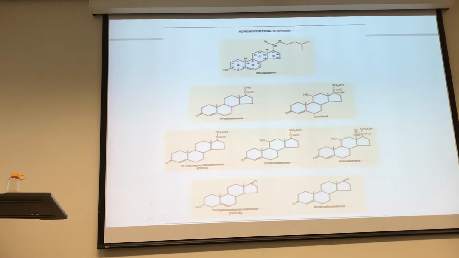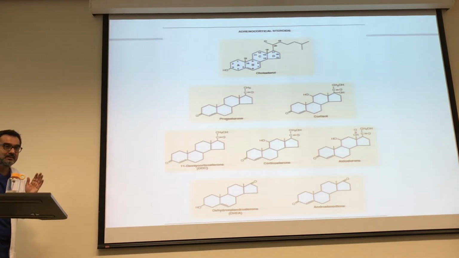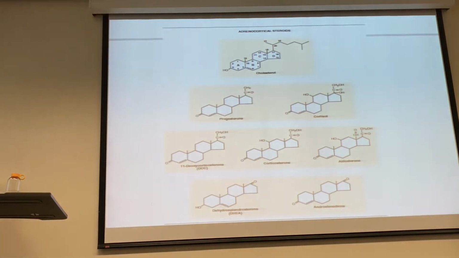Here you have a double bond oxygen at carbon 18. And you do not have the side chains in the androgens. The carbon 20 and carbon 21 side chain are no more there. So they are mainly 18 carbon compounds. DHEA and androstenedione are basically 18 carbon steroids.